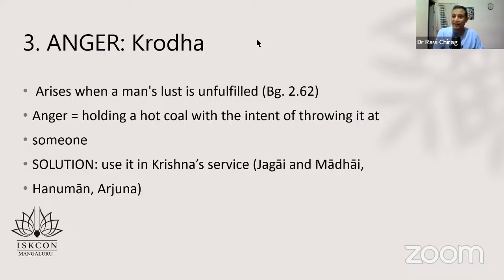But when someone is speaking about Krishna, when someone is speaking about the devotees, we should not tolerate. Even Chaitanya Mahaprabhu could not tolerate when Jagai Madhai were doing wrong things to Nityananda Prabhu. So when someone is doing wrong to the devotees, even the Lord becomes angry. That was the story of Jagai Madhai.